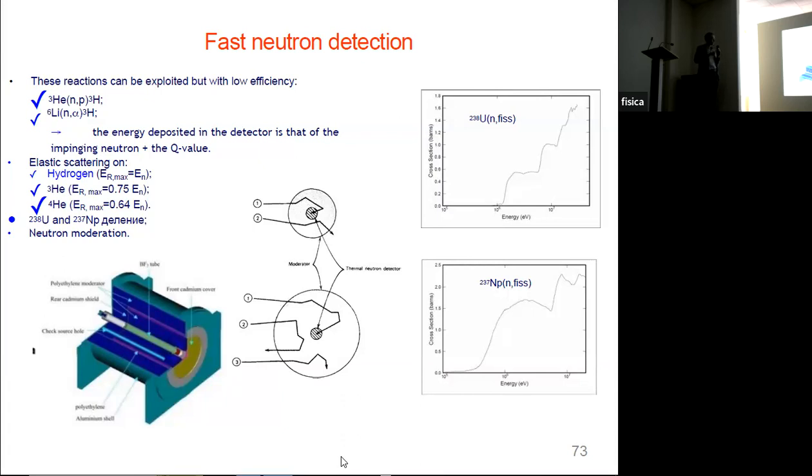You have a quite simple system. You can measure the angles of how neutrons scatter, understand the initial energy of the neutron, and get your energy distribution.